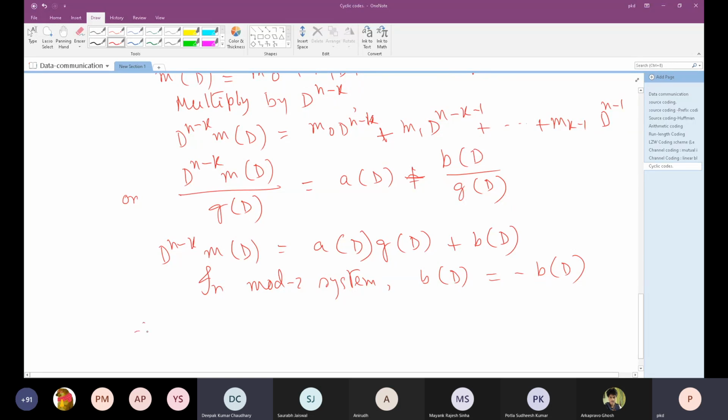So therefore B(D) plus D to the power n minus k M(D) is equal to A(D) G(D). Now therefore X(D) equals B(D) plus D to the power n minus k M(D).